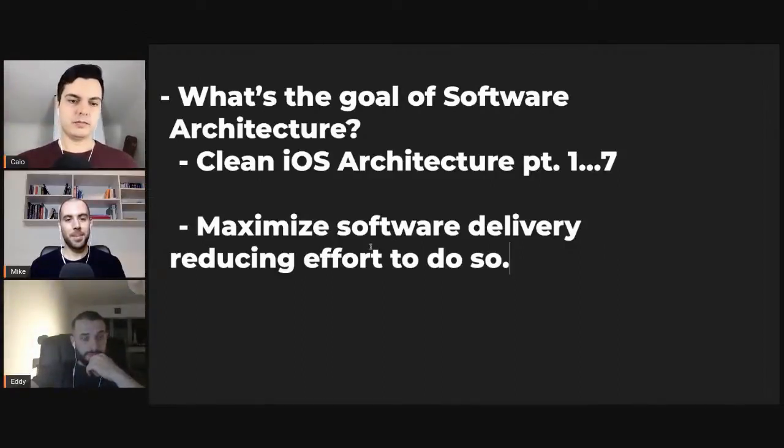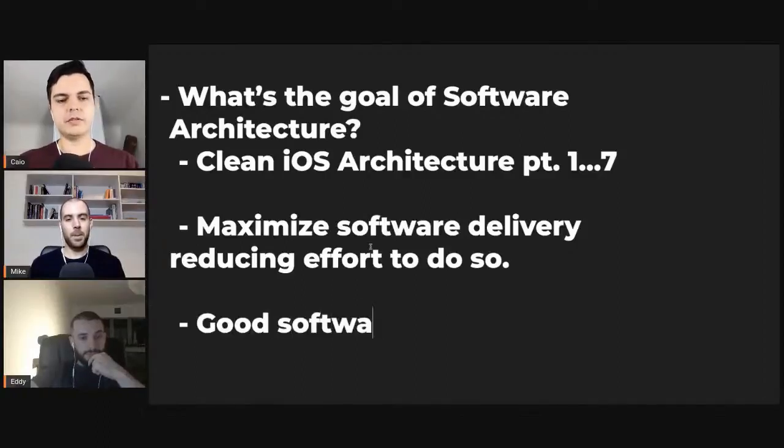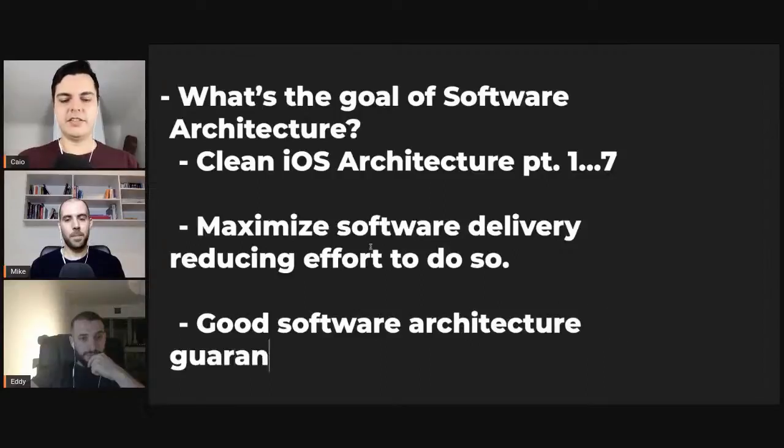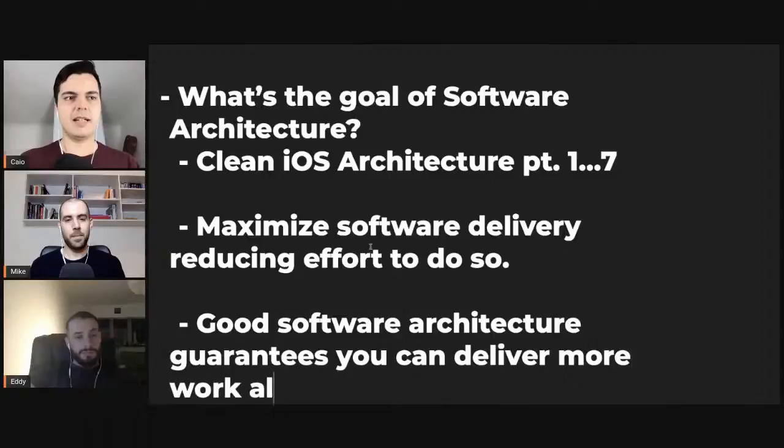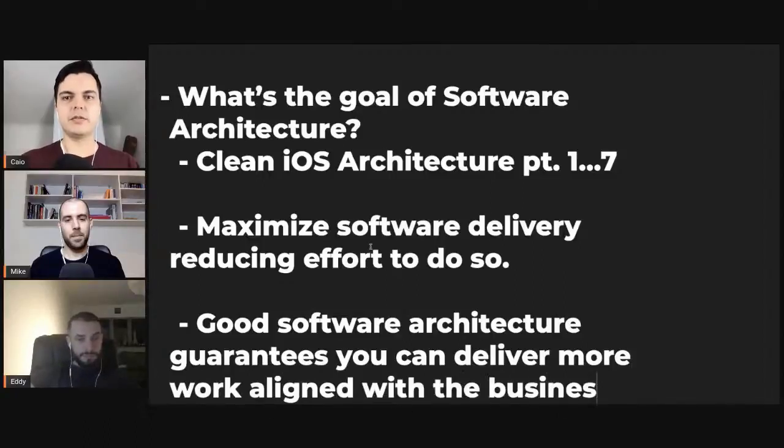So to do so, you need to do it based on the requirements of the project. So good software architecture guarantees you can deliver more work aligned with the business goals.